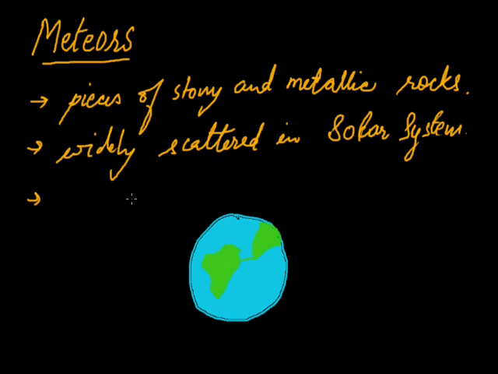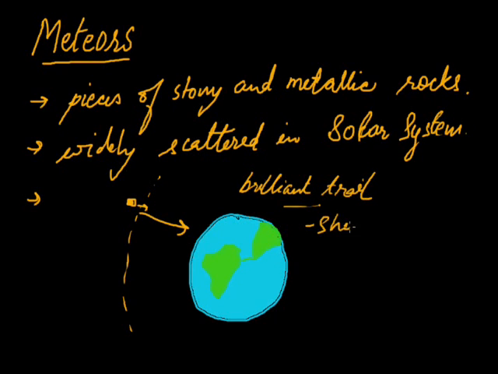When these meteors or rocks come near the Earth, they are pulled by the gravitational acceleration of Earth, and when they come into the atmosphere, there is huge friction and huge heat generated by the friction. That's why meteors burn. That gives a brilliant trail in the sky, and that's why they are known as shooting stars.